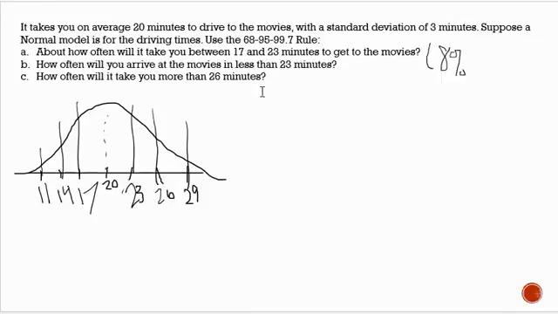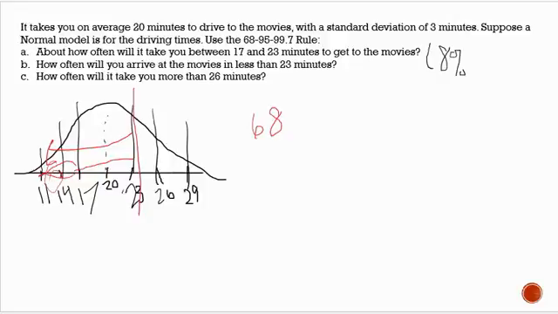How often will you arrive at the movie in less than 23 minutes? That means you're looking from this time down. So you know this is 68. You want to think, what are these two? If your entire thing is 95, how much is right here? And if your entire thing is 99.7, how much goes here?